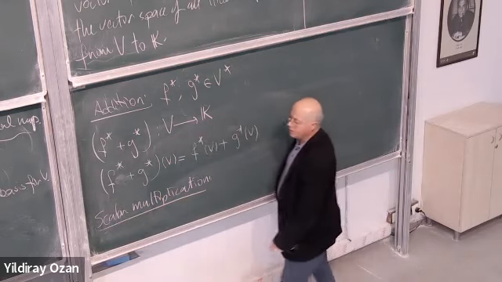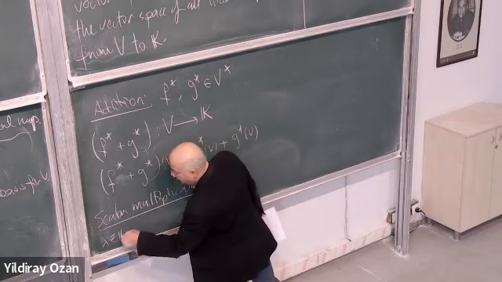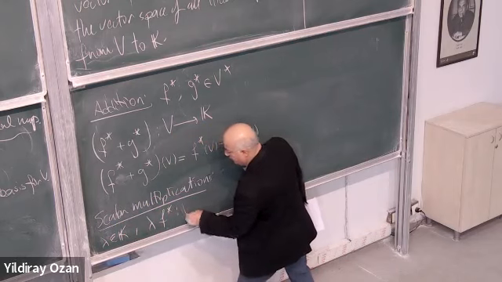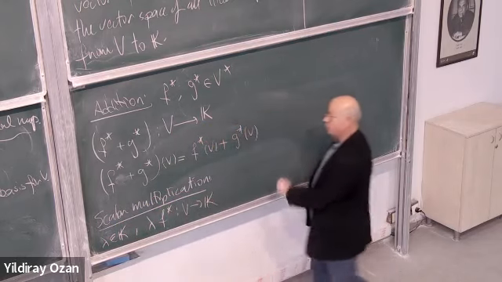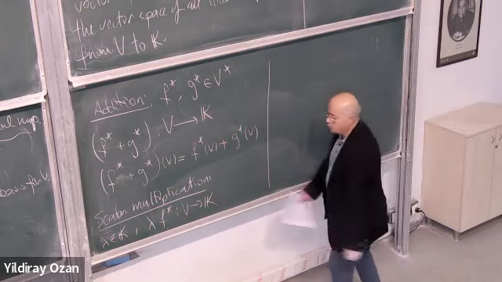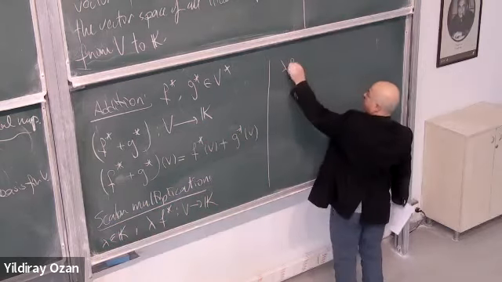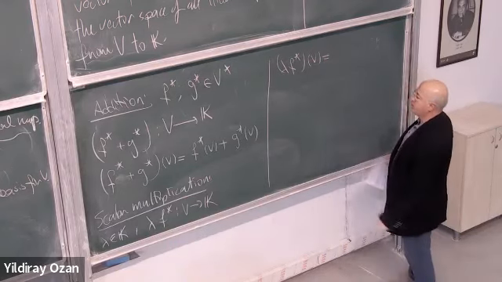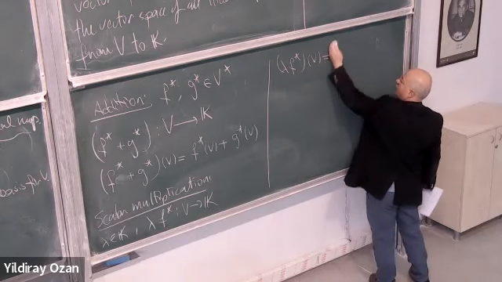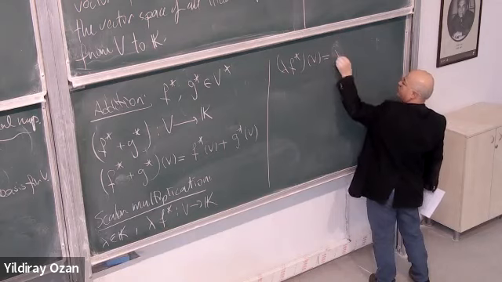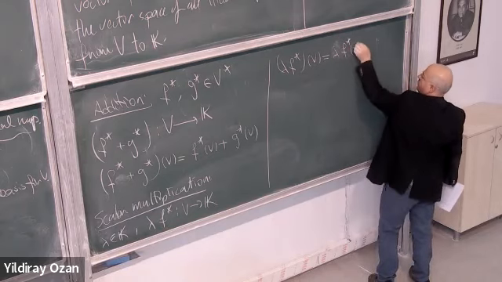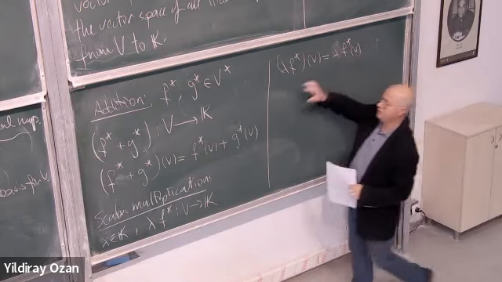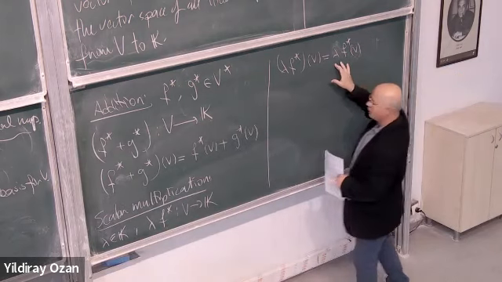If you give me a lambda times F star, this should be a linear map from V to K, and I have to tell you the image of this element on a vector. I can just make it lambda times F star of the vector. F star of the vector is a scalar in K, and you just multiply it with lambda.